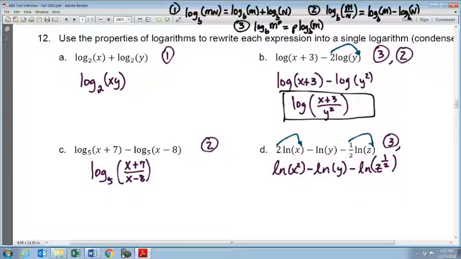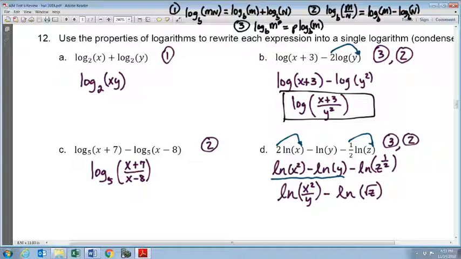All right, and then if you look at the first 2 terms there, we're going to use the quotient rule. So it'll be the natural log of x squared over y minus the natural log of, and we're going to go ahead and write that as the square root of z. So now we're going to use the quotient rule again. Now keep in mind, we're going to have to take x squared over y and divide it by the square root of z.